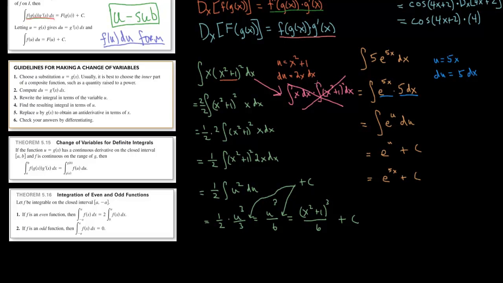U-substitution will be faster in this case. So don't make that common mistake. I see that a lot. I just wanted to bring that up because we see that pretty often at this point in the semester when we start looking at these more unique integrands.